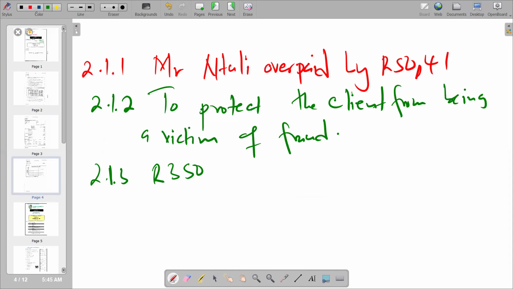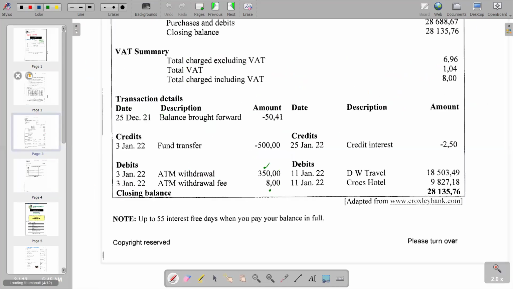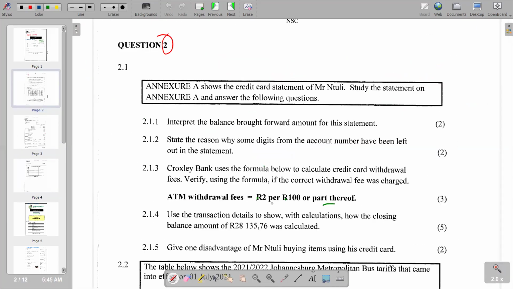If you try to break it down, we divide by 100. Remember, the information that we are given reads 2 rands per 100 rands. So you want to see how many 100 rands are inside 350.